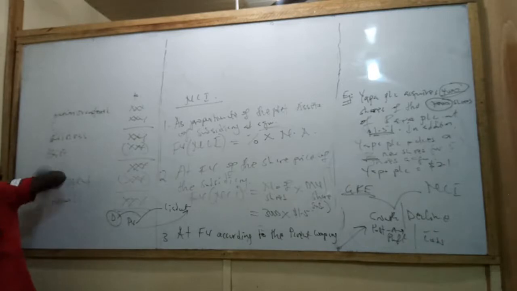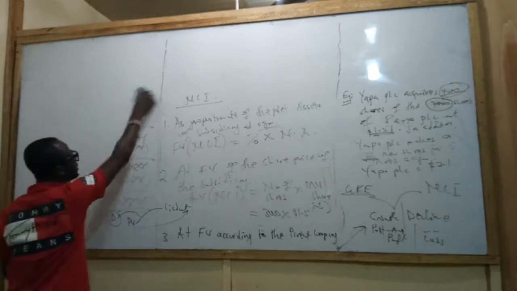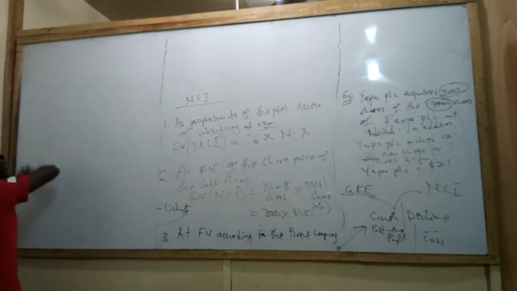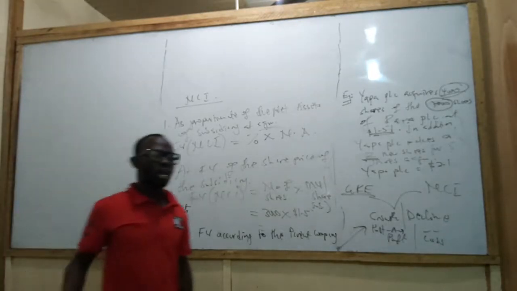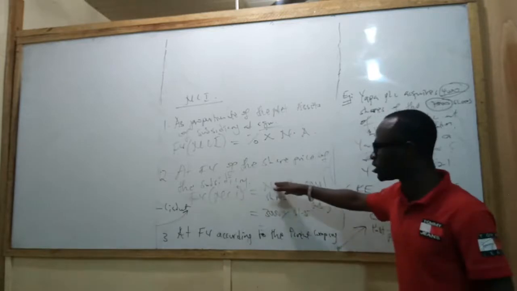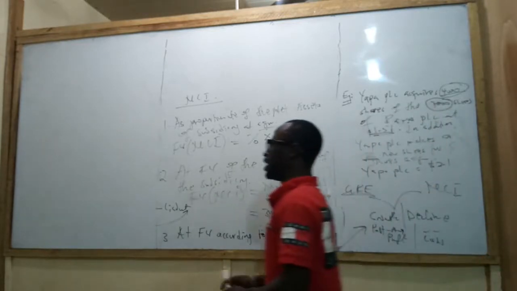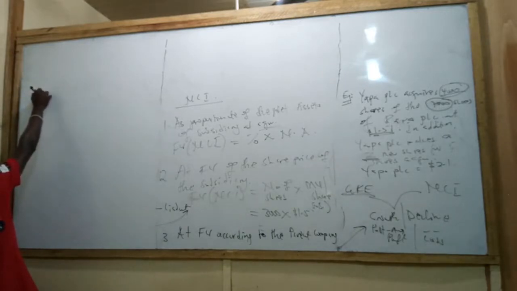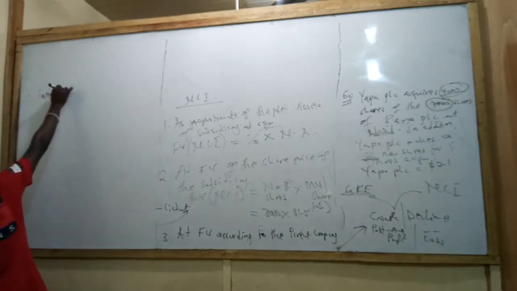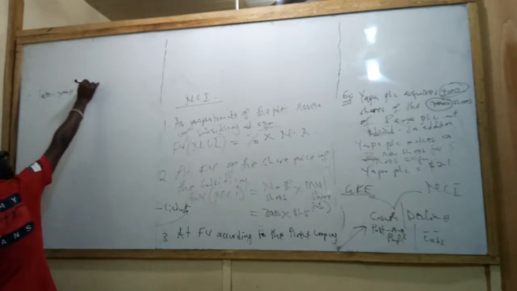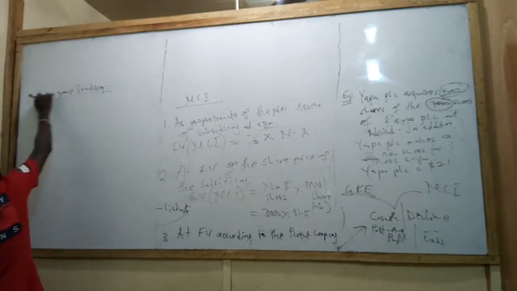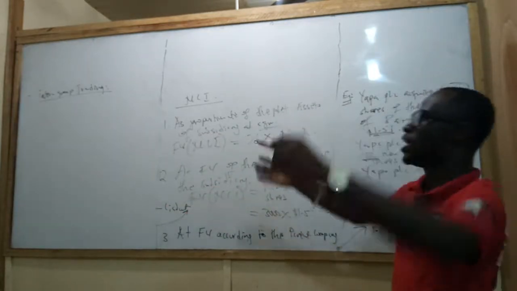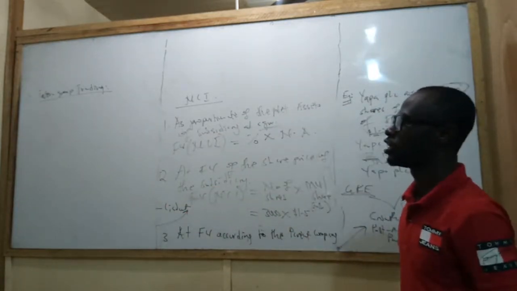Now when we do goodwill, we are done. Now we can look at other areas. One thing I didn't talk about when I was talking about the net asset of the subsidiary, stage 2, is intergroup trading. So before I come to group retained earnings, let me talk about that. What do we mean by intergroup trading?